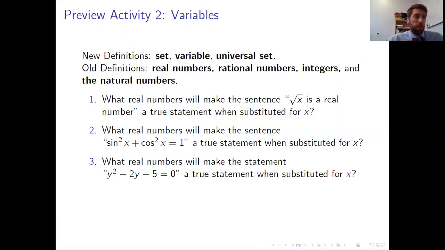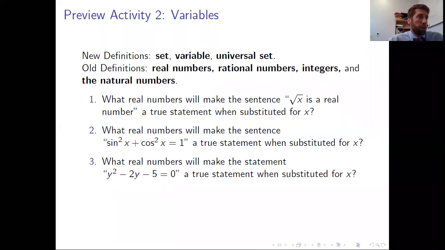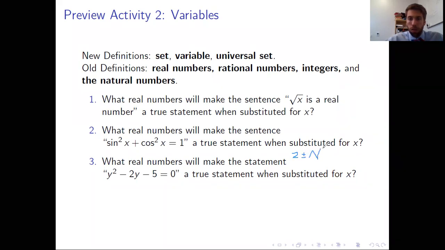Well, if you remember your quadratic formula, that would be negative b plus or minus the square root of b squared minus 4ac, all over 2a.